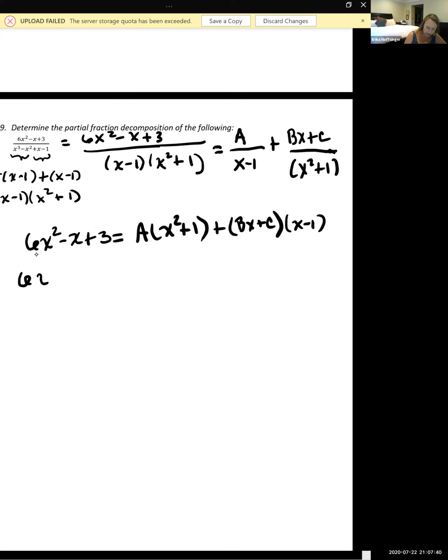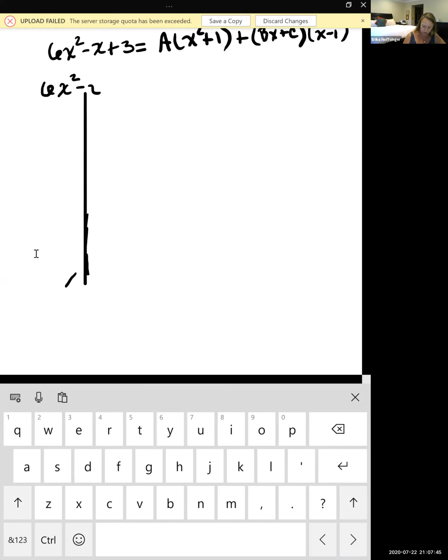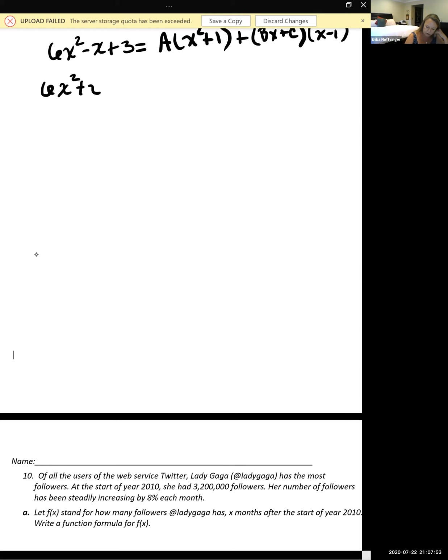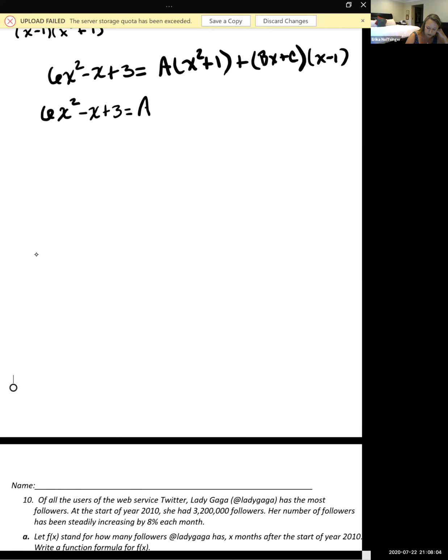We have 6x squared minus x plus 3 equals, distributing my A, I get Ax squared plus A, plus, we need to distribute, so Bx times x, so Bx squared, Bx times -1, so minus Bx.